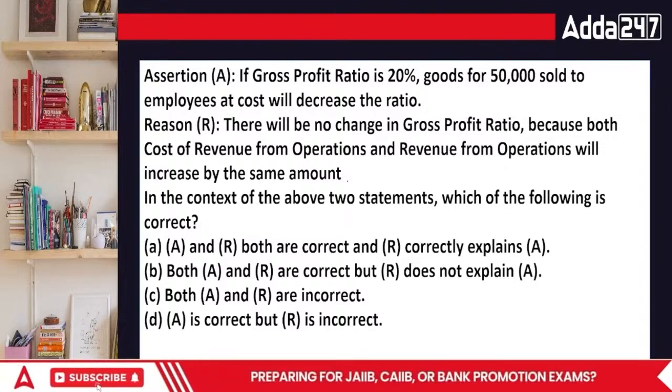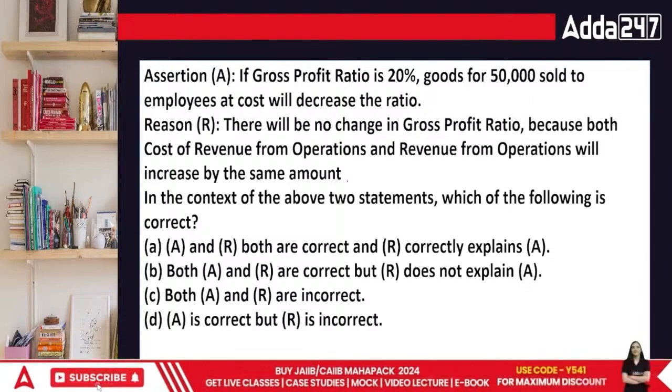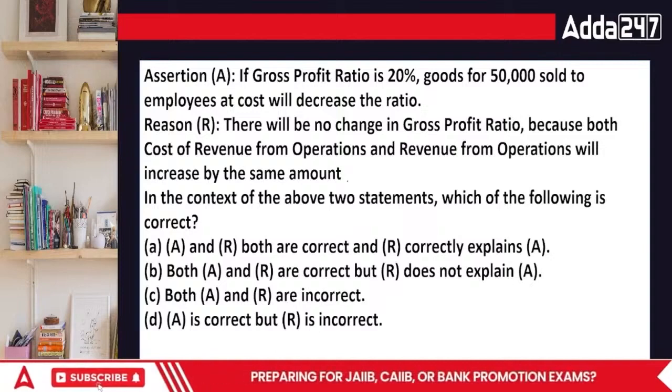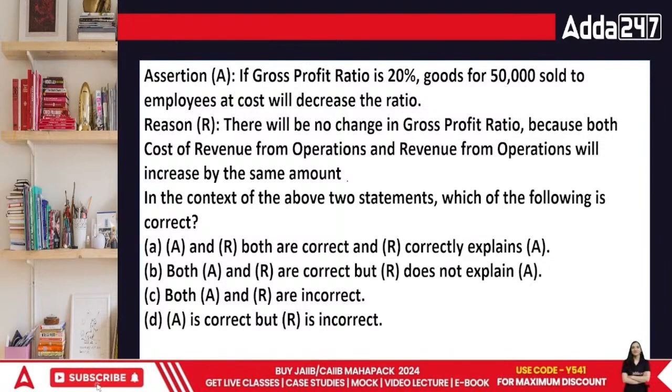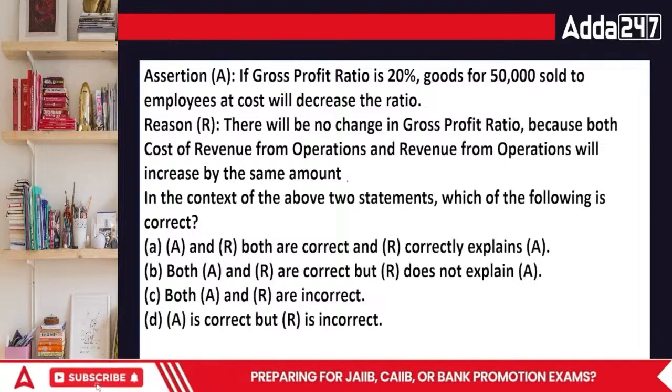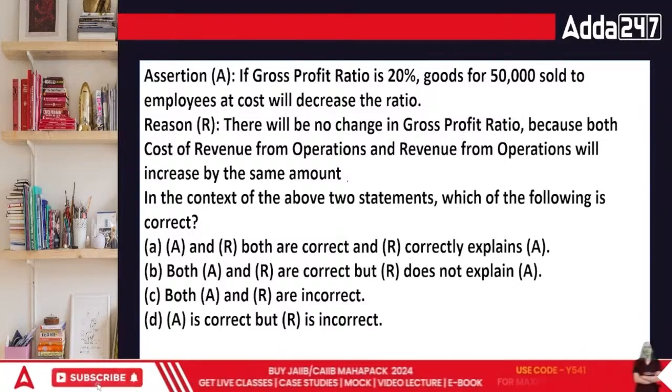What will be the answer, everyone? Is it both are correct? Both are incorrect? Then everyone, what would be the answer? GP ratio is based upon production.